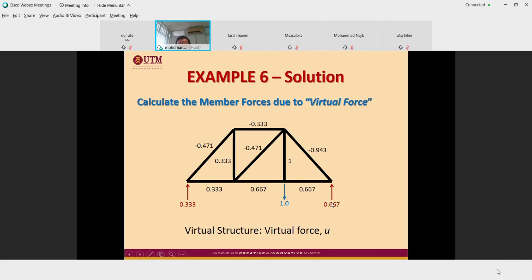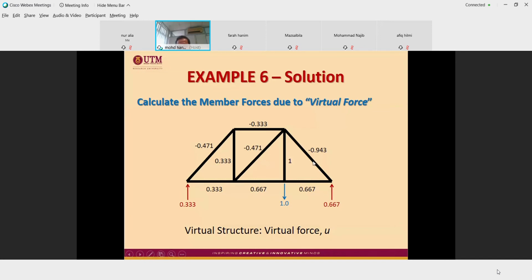Normally I just put 2/3, this one 1/3. So here, this is the one that I told you just now. It is based on joint method or resolution.